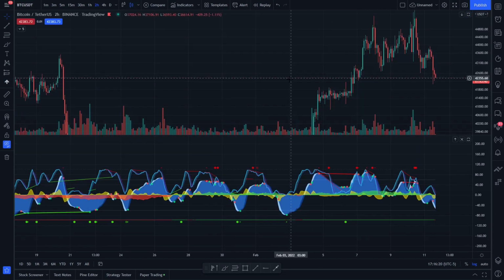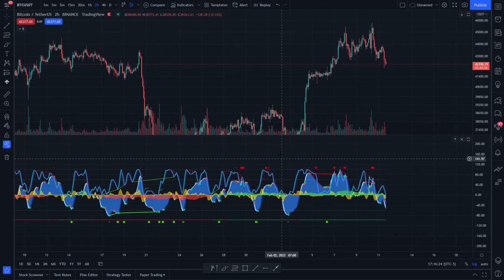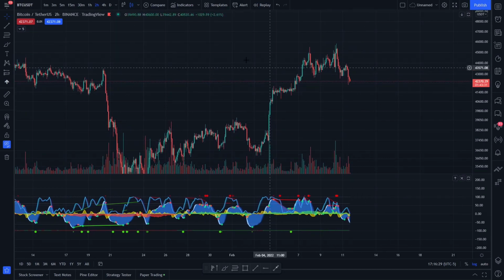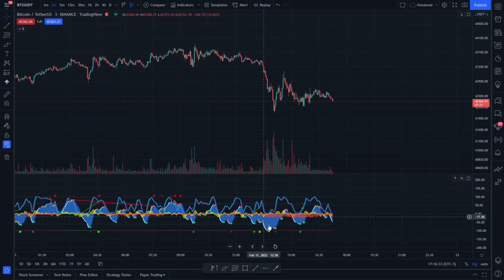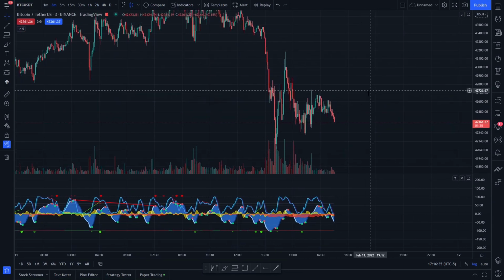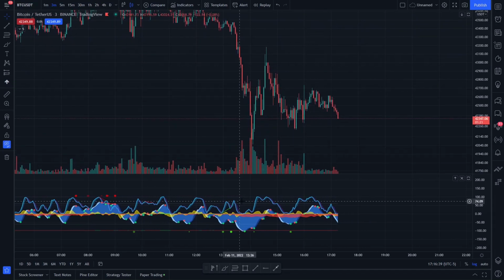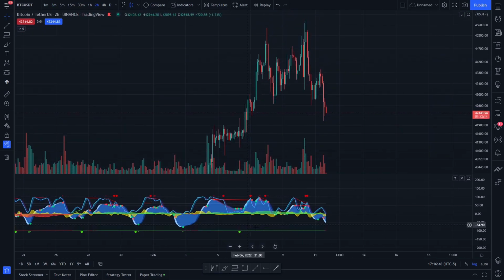Just one last thing I wanted to say about this. Probably the biggest thing to look at is that if you use this on a really small time frame, you're going to see a lot more dots and a lot more things going on here. You can see the sellers have been in control for this whole period, because it's using a 3-minute interval instead of a 2-hour interval, where it's telling you the buyers are still in control.